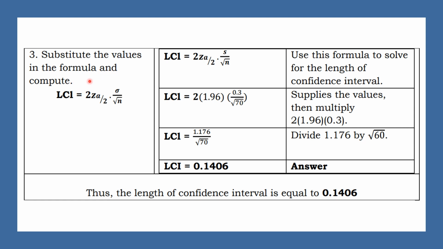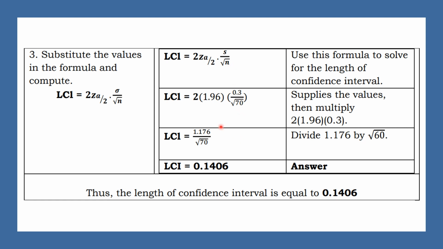So next, we have to do the following. Substitute the values in the formula and compute. So this is now the formula for the length of the confidence interval. Then substitute the given. So 2 times this one, that is the z-value, which is 1.96, times the standard deviation, which is 0.3, and the sample size is equal to 70.